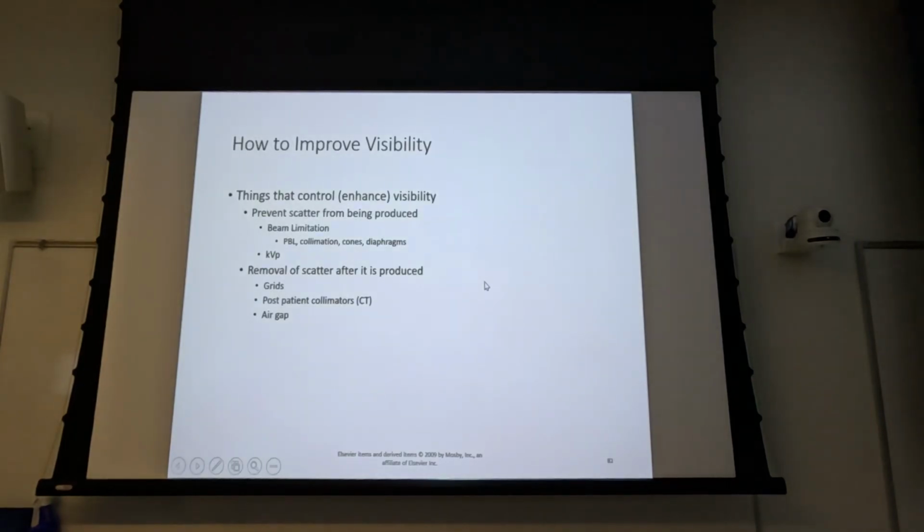So how to improve visibility would be to do all those things that we've already talked about. Use your collimation. PBL is not really a thing so much anymore, so it's incumbent on you to actually use collimation. What PBL is, or was, is automatic collimation. You'd slide a film inside the bucky, and it had sensors inside of it that would automatically collimate to the size of the film, which was great. And I think it's part of the reason that we're having a problem with collimation now, is that it doesn't do that for you, right?